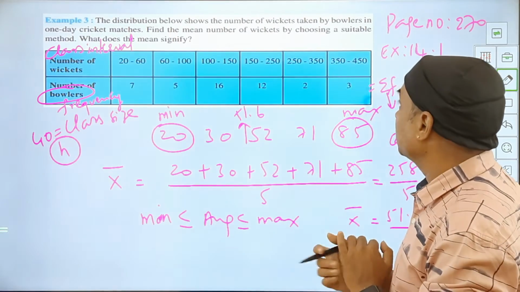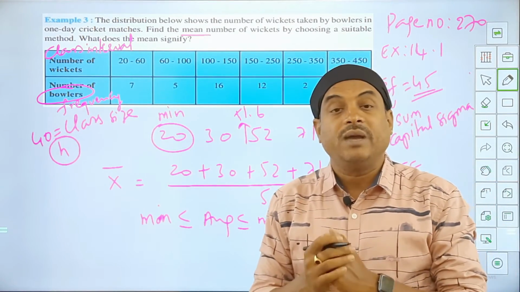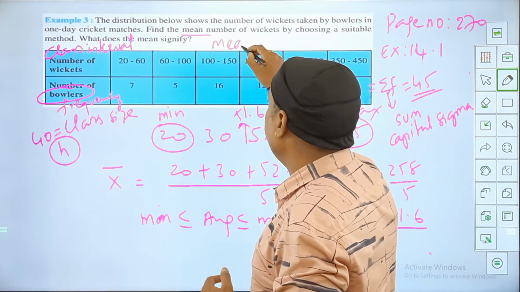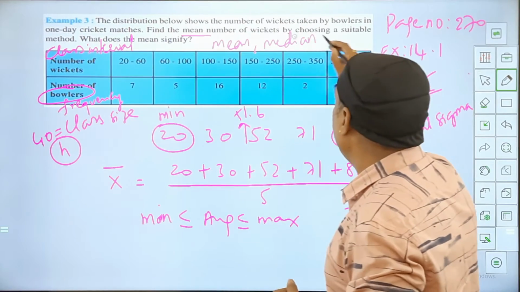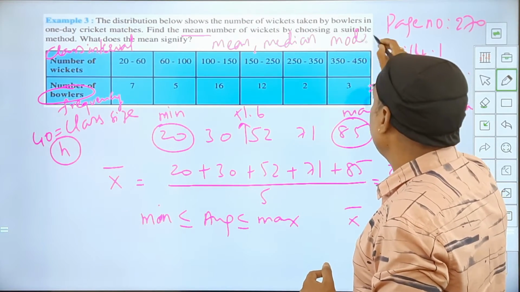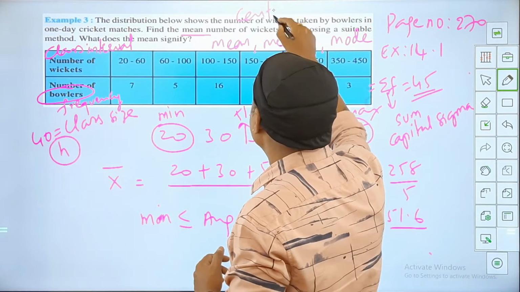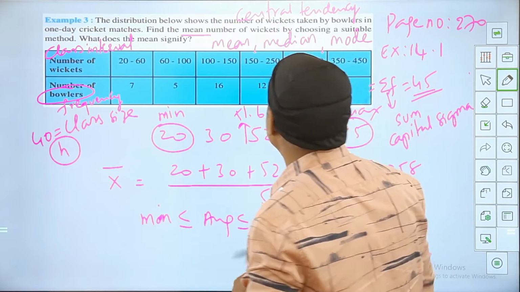Now the question is asking us to find the mean. He may ask you to find the median. He may ask you to find the mode. Like in the previous class, you had already practiced it. So mean, median and mode are the 3 calculations which are asked to find, which are called central tendency. Central tendency is the word used.